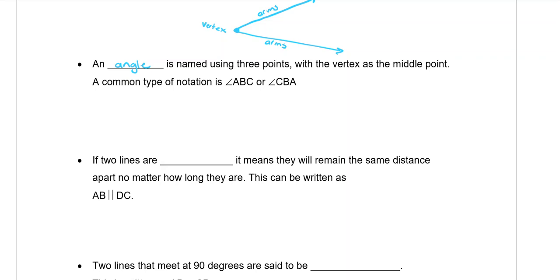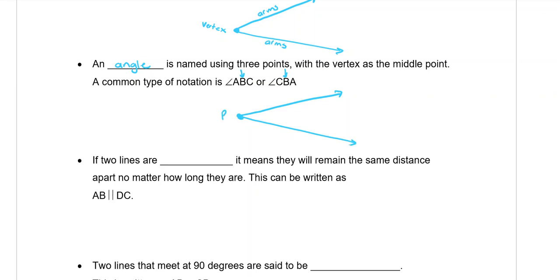Now ABC could also be the same as CBA as long as the B is in the middle. The letters on either side of it, we can change that order around. So what that looks like is, here is my angle with its rays shining out of the vertex.